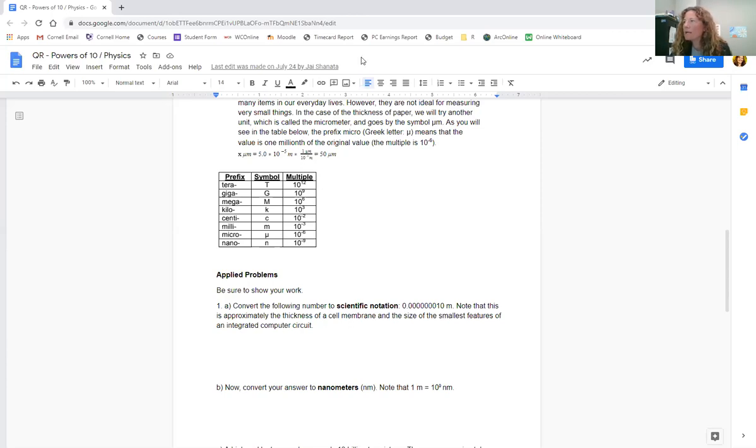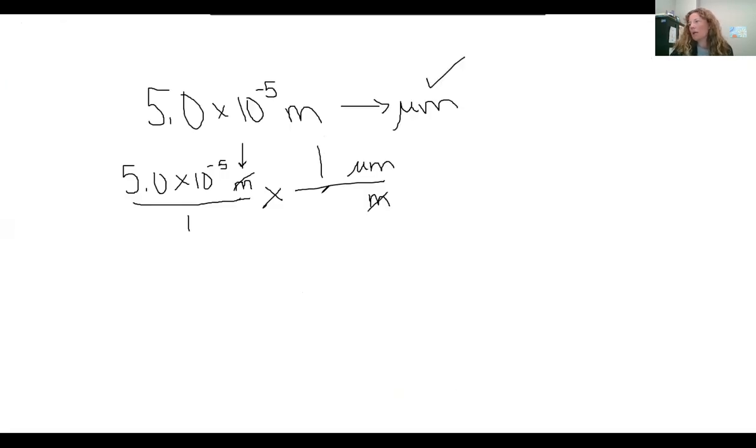Okay, so let me go back to my whiteboard and we'll fill this in. 1 micrometer is 10 to the negative 6 meters. If you think about that, that should make sense. These are very small. So if I only have one of them, I don't have very much of a meter. That is very small.